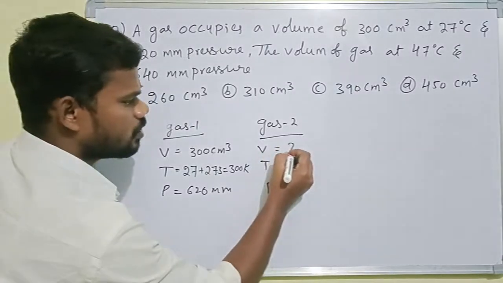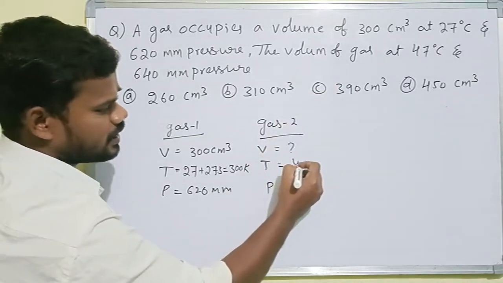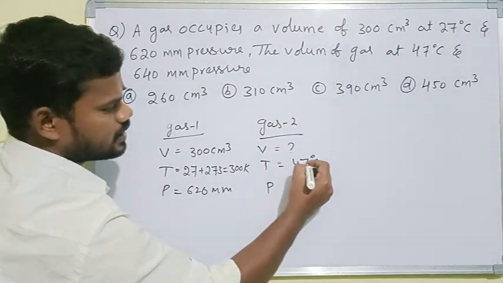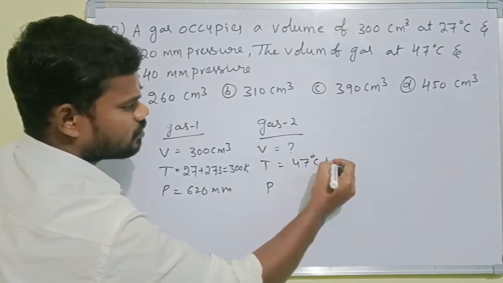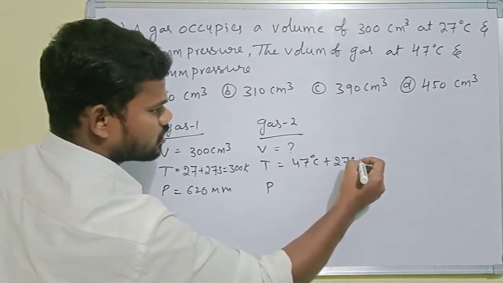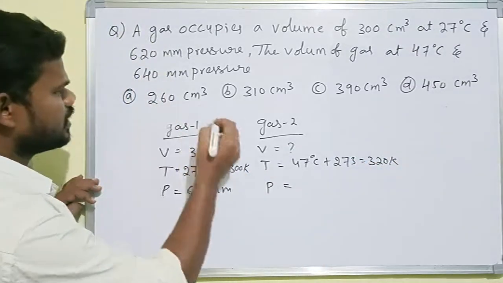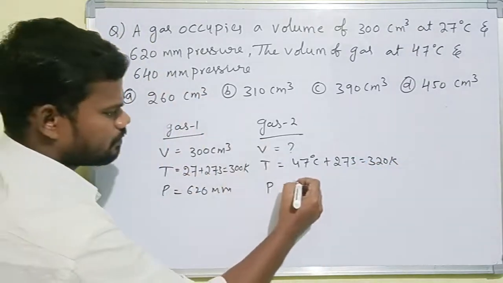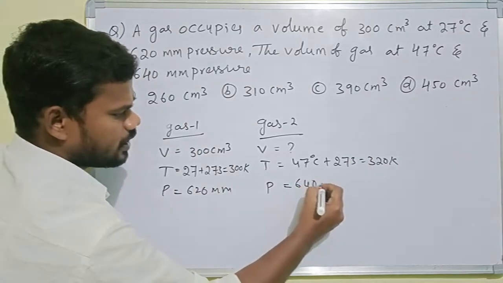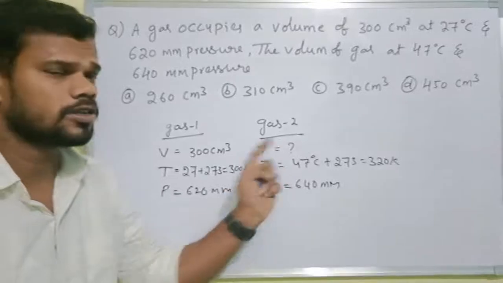We want to find out the volume only. The temperature is 47 degrees Celsius, which converted into Kelvin is 273 plus 47, equal to 320 kelvins. The pressure is given as 640 mm.